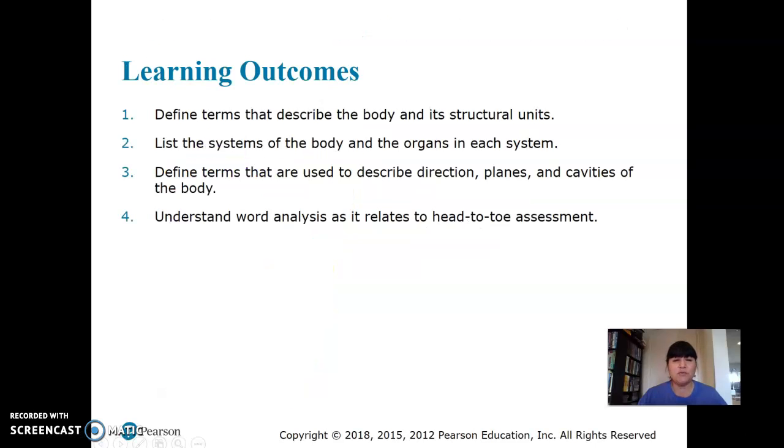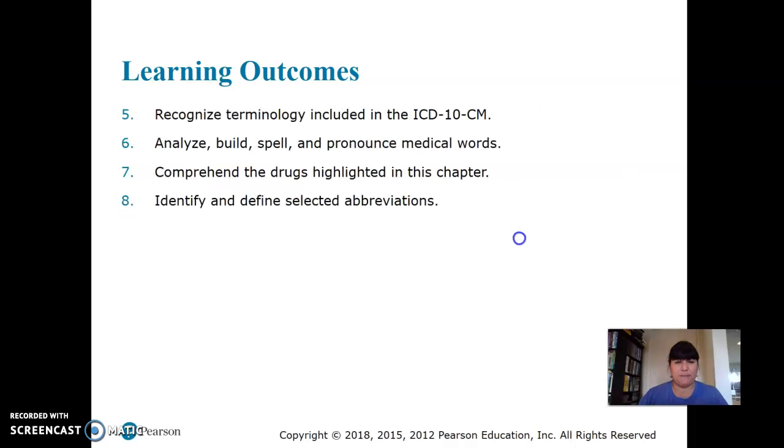So it's really helpful to look at the learning outcomes. You're wondering, what's this chapter about? What should I focus on? So: define terms that describe the body, structural units, the systems of the body, terms used for directional planes, word analysis, and head-to-toe assessment. If you've ever worked in the medical field, you hear about head to toe a lot. How do you assess a patient? Recognize terminology in ICD-10.